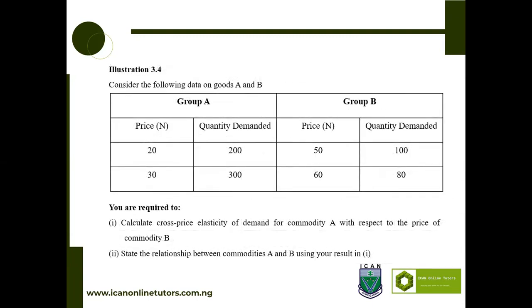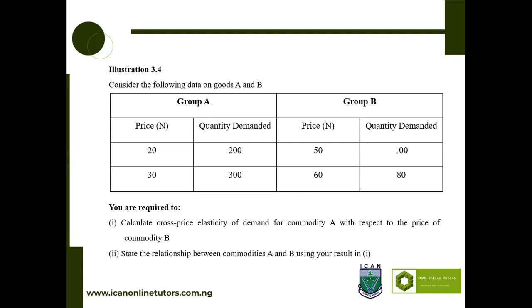Let's take a look at this sample, and we call it a day. Consider the following data on goods A and B. We have group A and group B, the price of group A and quantity demanded, and the price of group B with their quantity demanded.